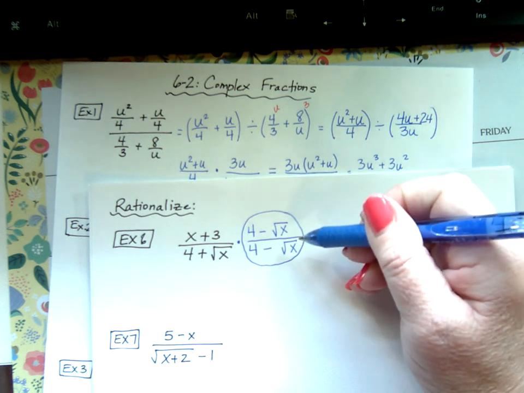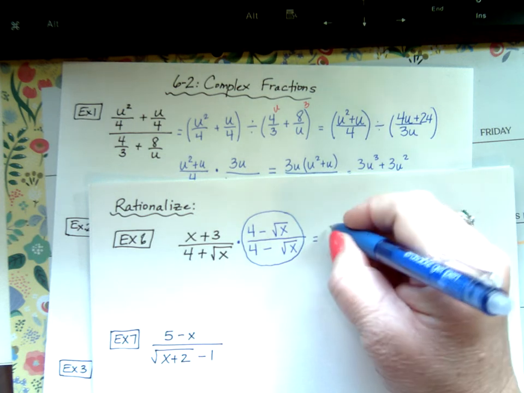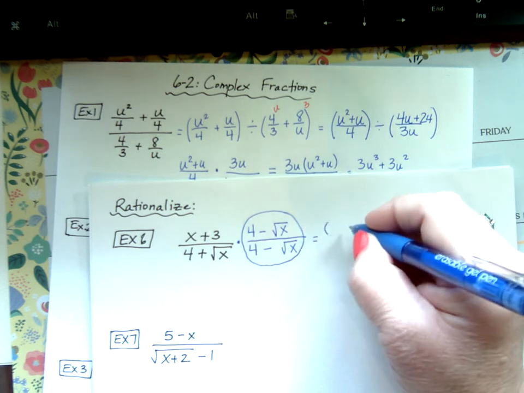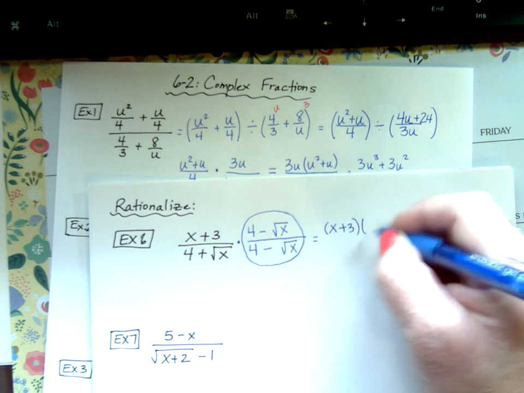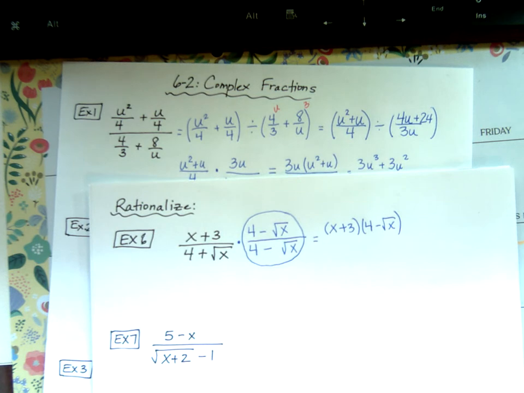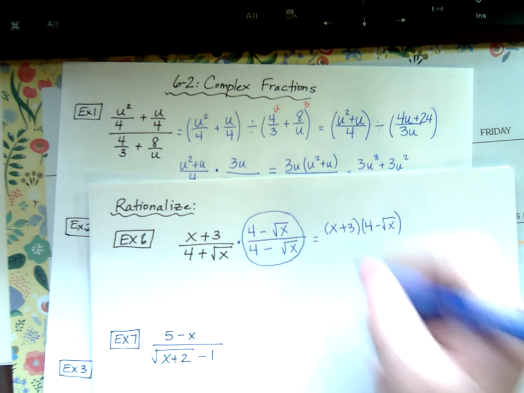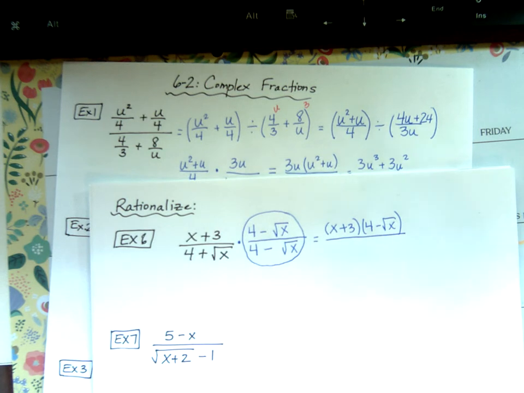Now, with the top, I'm going to keep it as easy as we can be. So we're going to keep the top as x plus 3 times 4 minus the square root of x. I am not FOILing that. Not the top. But the bottom I want to FOIL because I want to show you what happens. First, outers, inners, last. First gives me 16.